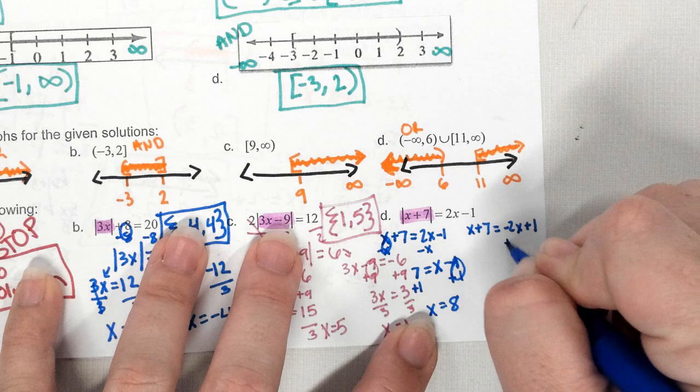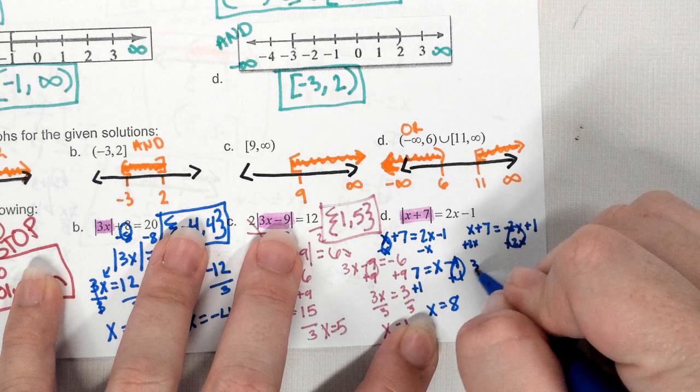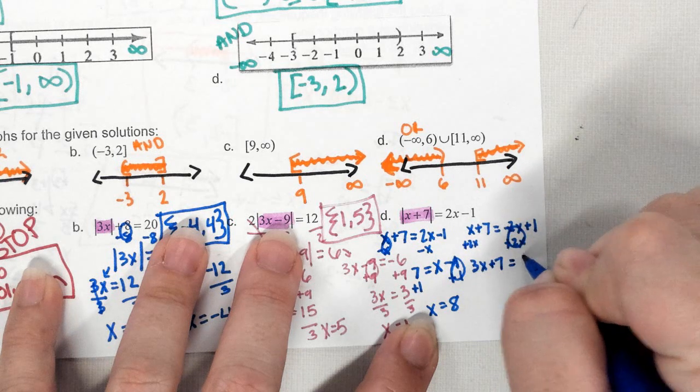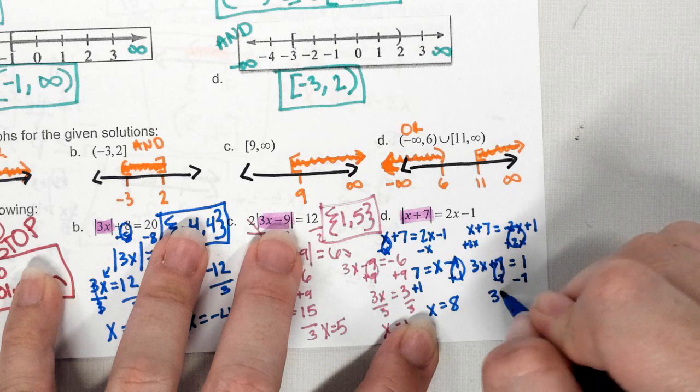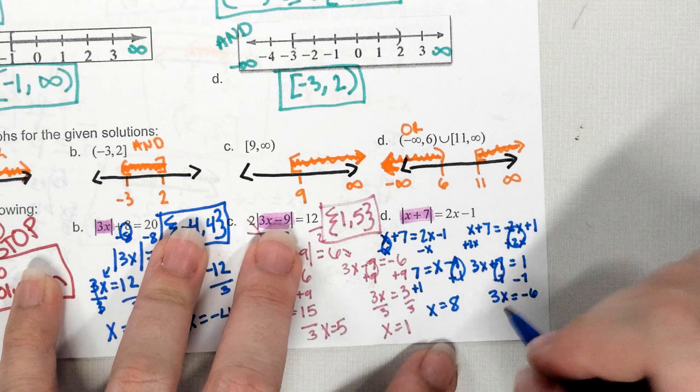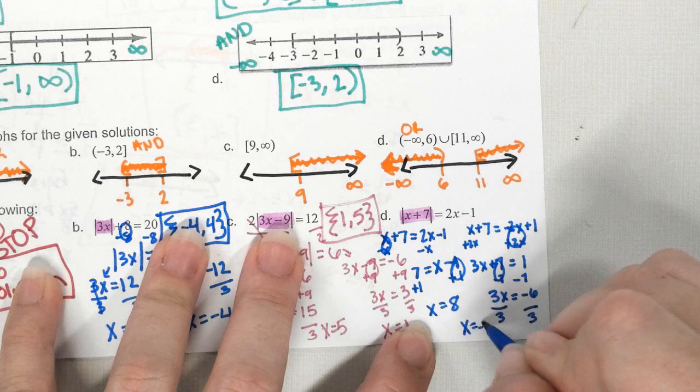Here I'm going to add 2x, and I get 3x plus 7 equals 1, minus 7, 3x equals negative 6, divide by 3, and I get x equals negative 2.